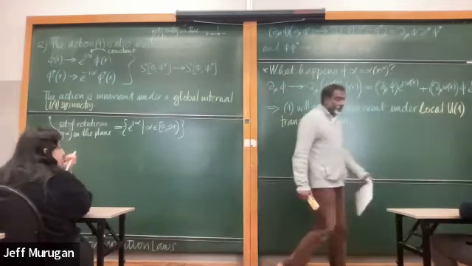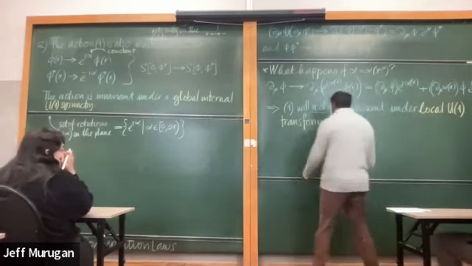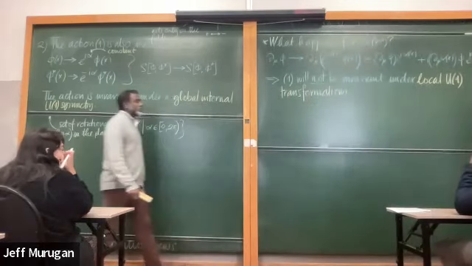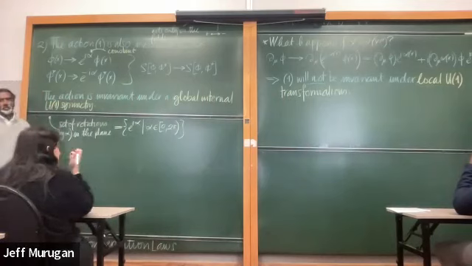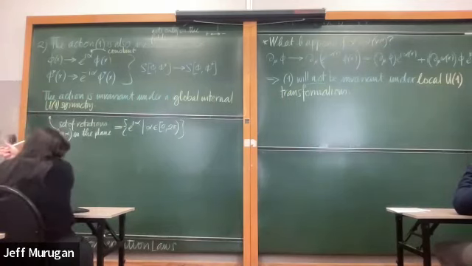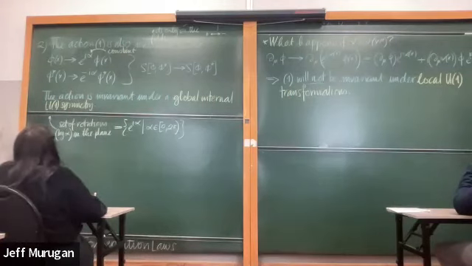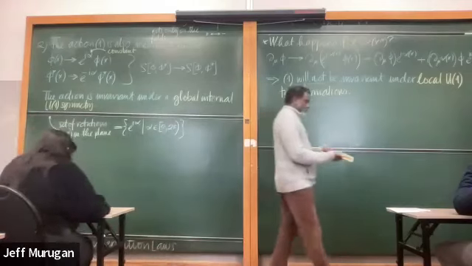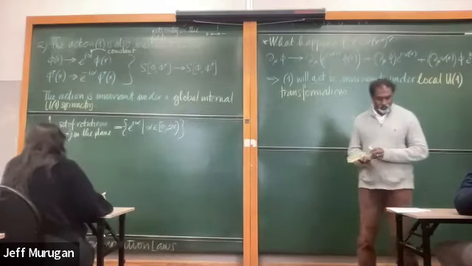And given that all of the fundamental interactions that we know in nature are gauge theories, this is an incredibly important part. Okay. We will return to it in due course.